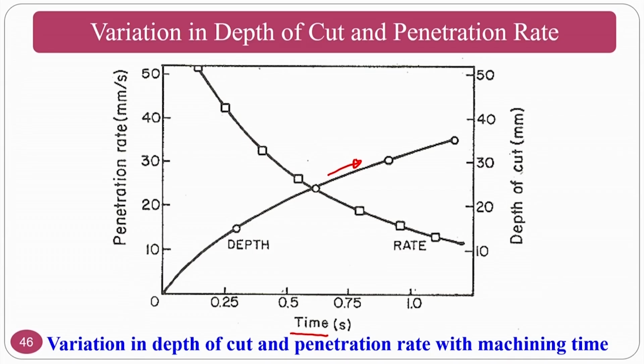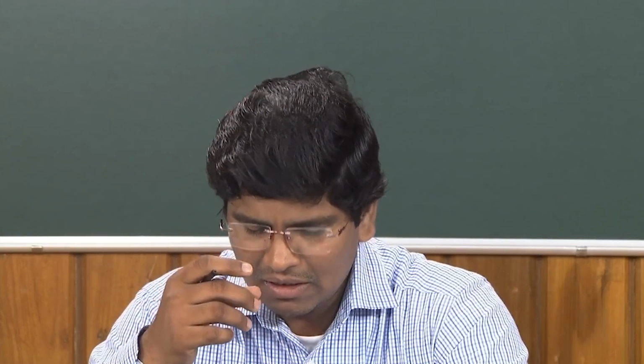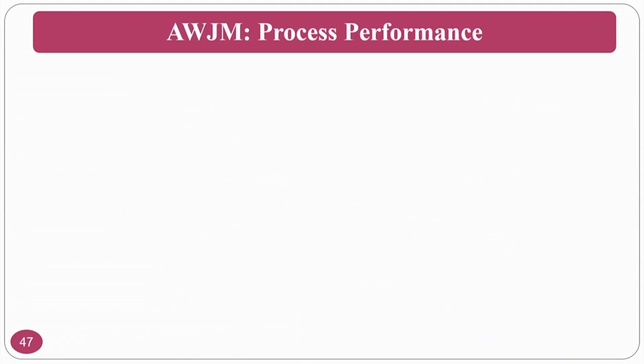If the time increases, the hardness of that particular surface will gradually increase, because indenting and strain hardening take place. At the same time, if your depth increases, the nozzle tip distance or stand up distance will also increase, because of which the penetration rate will decrease.